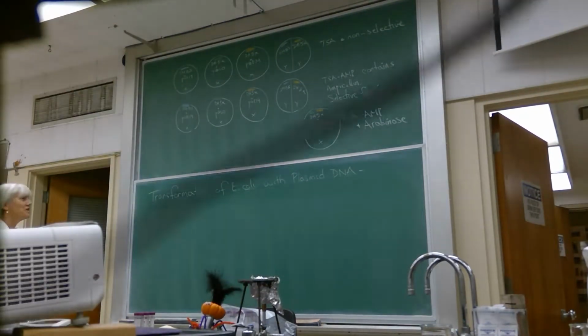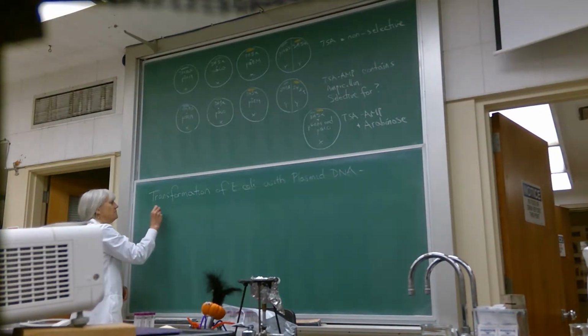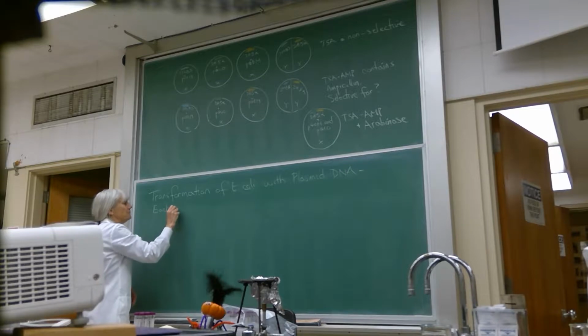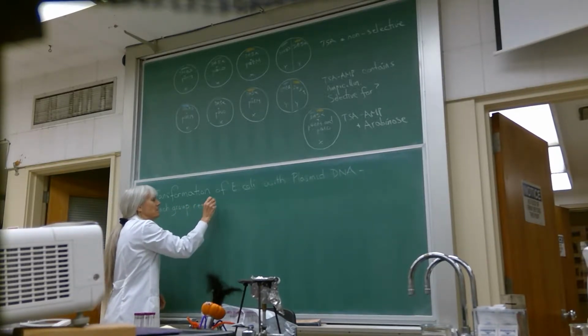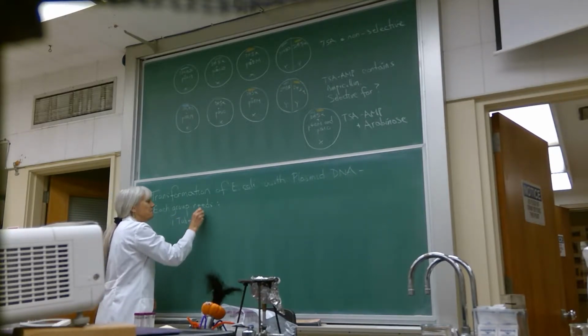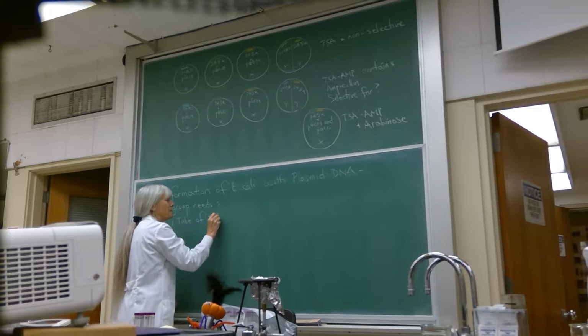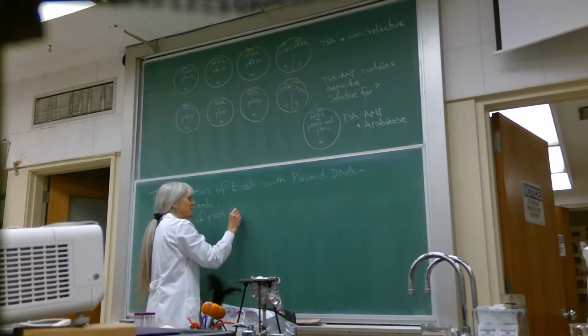Okay, so we're going to do this transformation of E. coli with plasmid DNA. Each group needs one tube of pUC19. That is E. coli JM83 plus pUC19.